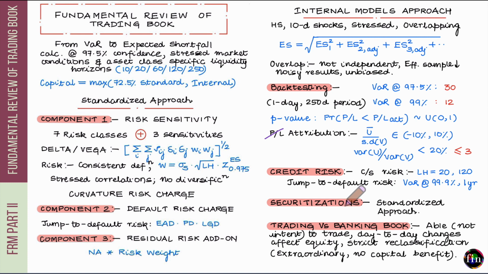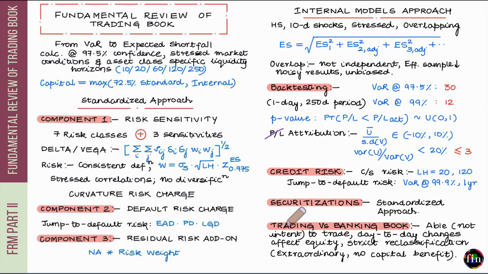Because the internal models approach generally leads to a lot of variability, especially for these very complex positions, FRTB stipulates that for securitizations, it's only the standardized approach which will be allowed.